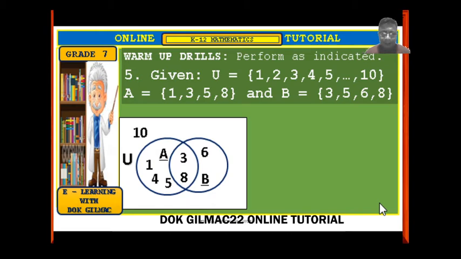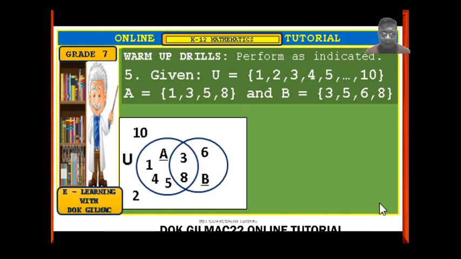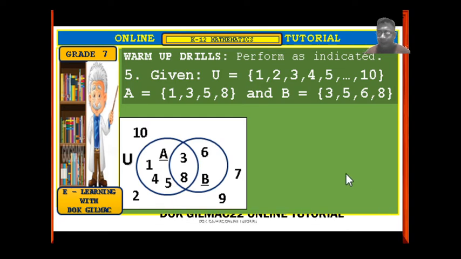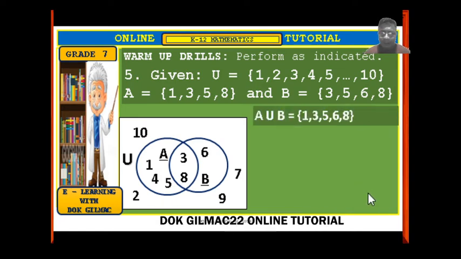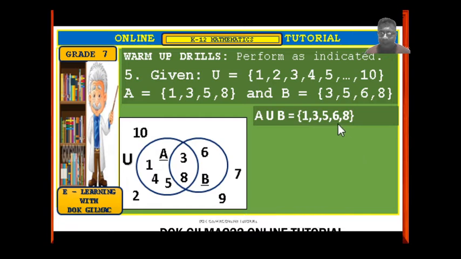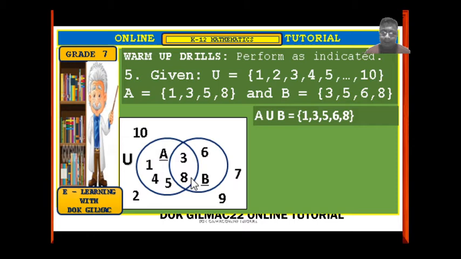And there are actually 4 elements outside the 2 given sets here. So what are the elements of A union B? We have 1, 3, 5, 6, 8. Again, just combine all elements of A and B.